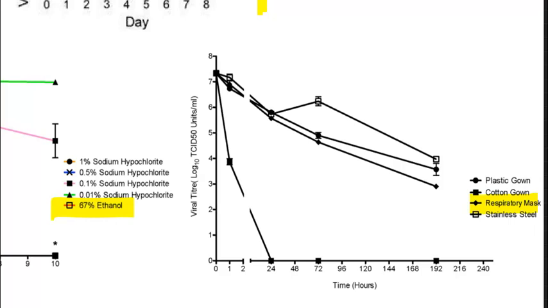But the fact that it gets quickly inactivated on the cotton gown, basically a big-ass mask that covers your entire body, makes no sense to me. Okay? I would expect that any porous material will be more protective compared to the steel when the virus is exposed to all the elements, so to say. But nevertheless, the data are data.